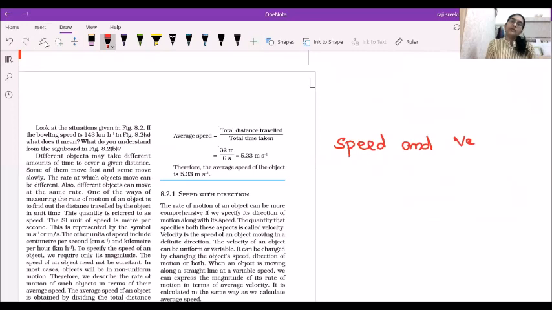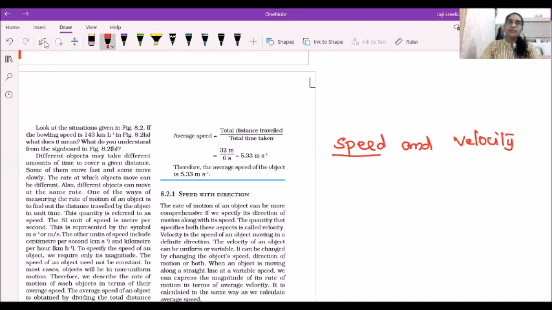The term speed is very familiar to you. You have learned it in your lower classes. You know the idea of speed and how to calculate speed. Speed tells how fast or how slow an object moves.